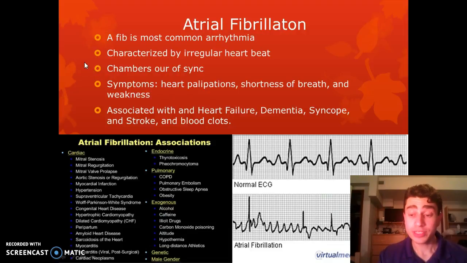Atrial fibrillation is characterized by tachycardia, an irregular, fast heartbeat, normally between 300 and 600 beats per minute, compared to the average of about 60 to 100 beats per minute, so that's clearly a lot faster than average. If we look over here at the normal rhythm strip, we see a rhythm of about 80 beats per minute, and you can see normal P wave and QRS complex.